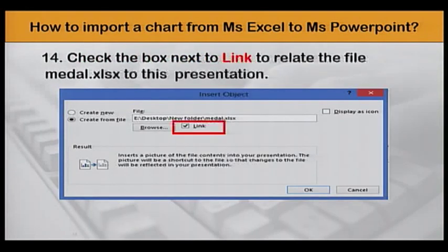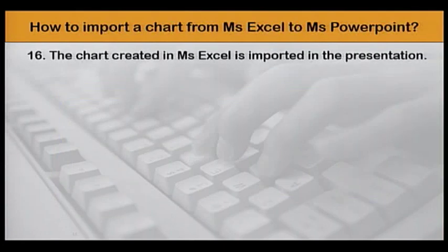Check the box next to link to relate the Excel medal file to this presentation and click the OK button. The chart created in Microsoft Excel is imported in the presentation.